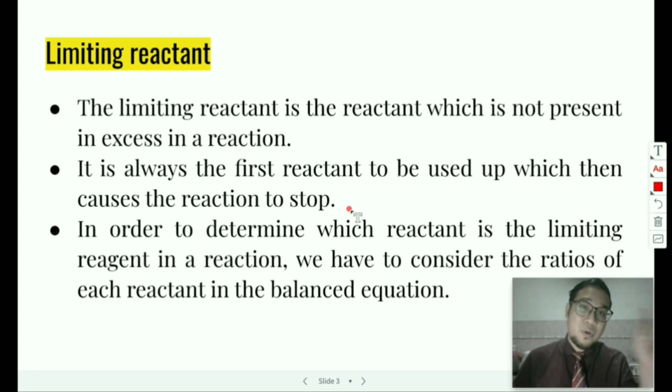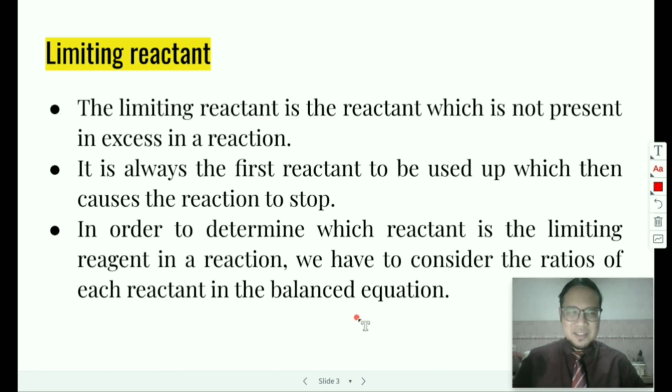In our example, we have only one beef patty, so the moment it is used up, the reaction stops. To determine which reactant is the limiting reagent, we have to consider the ratios of reactants in the balanced equation.